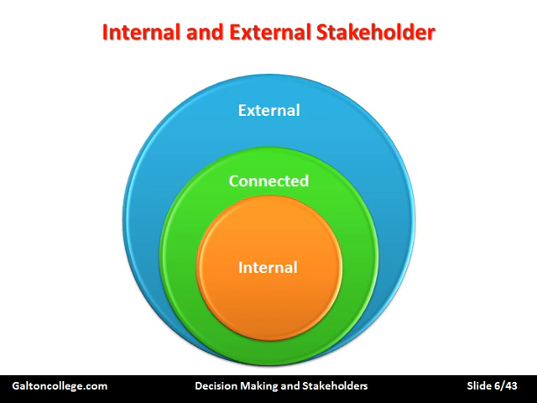Simple example just to clarify this point. Internal could be the employees of the company. Connected could be the suppliers of raw materials, the suppliers of machinery, the people who supply services to the company, perhaps an accountancy firm or a marketing agency. These will be connected stakeholders.